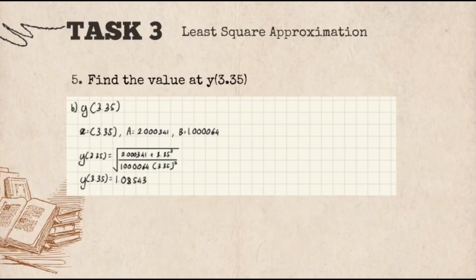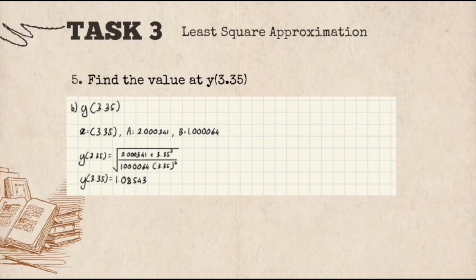For the next step, we find the value at Y 3.35. So we make X the same as 3.35, A is 2.00341, B is 1.00064, and we insert it into the previous model.